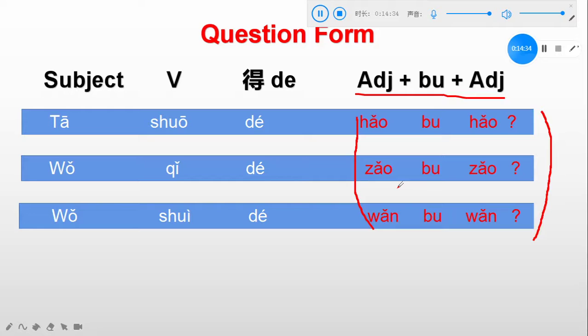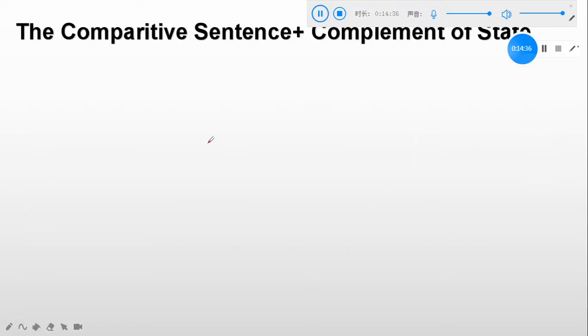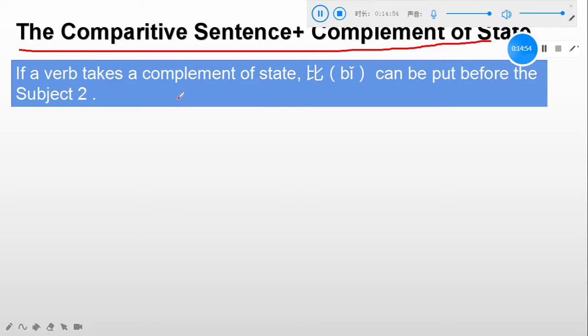And the next page is a new grammar part. The comparative sentence plus the complemental state. Well, if you just see the title of this grammar part, it may scare you a little bit, but trust me, this one is really easy. See? Explanation.